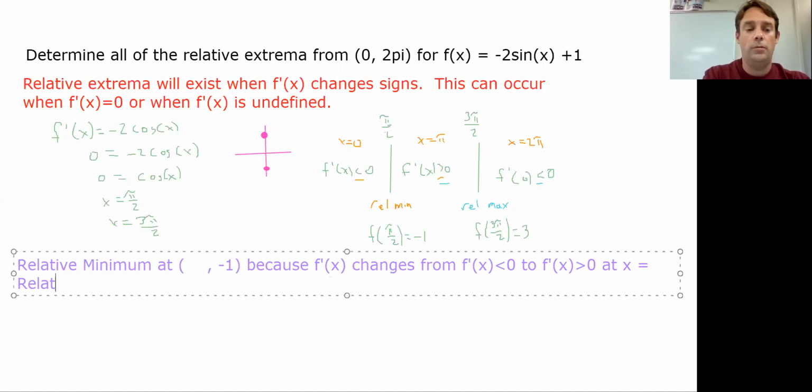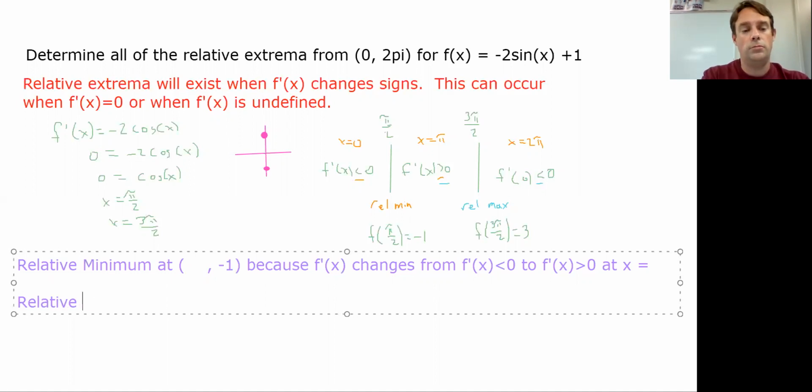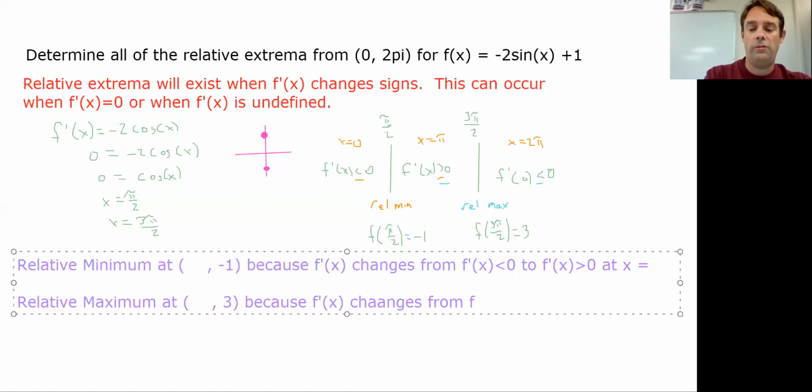And then we have a relative maximum at the point 3 pi over 2, comma 3, because f prime of x changes from greater than 0 to less than 0 at x equals 3 pi over 2. Let's go and write those in here.